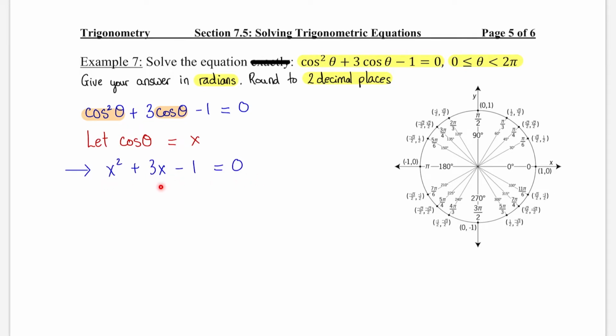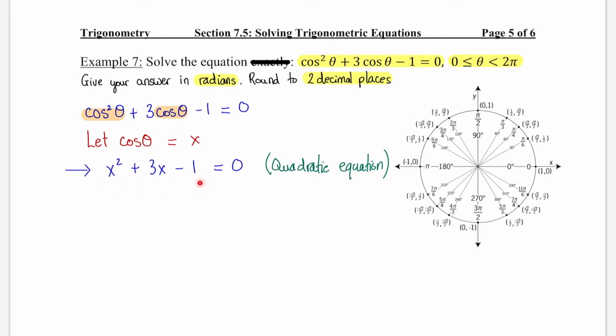The reason why I do this is so that it looks simpler and it's easier for me to solve for x. This is a quadratic equation. When you want to solve a quadratic equation, you have two options. You can either factor this or use the quadratic formula.